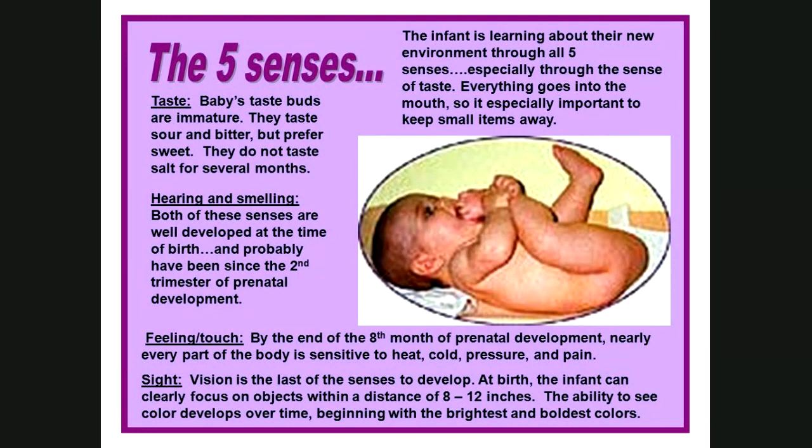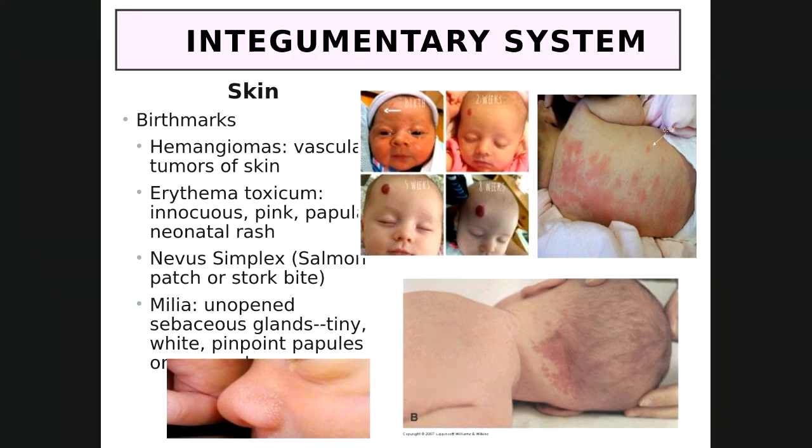All right, so baby's skin and tegumentary systems. Birthmarks, they're going to be born with this. Hemangiomas, if you look at this picture, are vascular tumors of the skin, but at birth it's not so obvious, and by 2 weeks you can see it more, and by 8 weeks it's very pronounced.